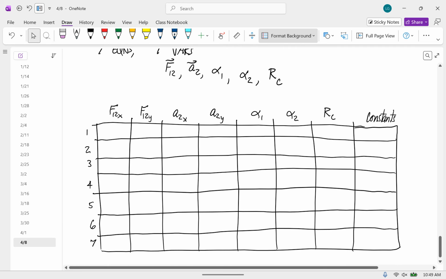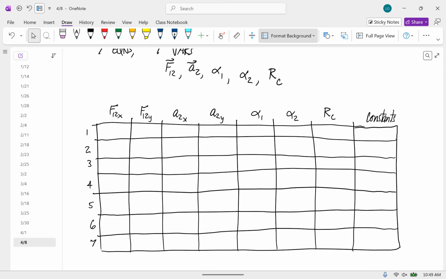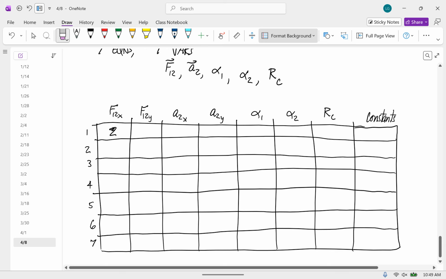So on equation 1, shout it out. Okay, so F12X, right, was 2. Is that what it said? That's the only one I paid attention to. What? Oh, Y. Sorry. Thank you. Got off to a bad start. Okay, so this is 2.